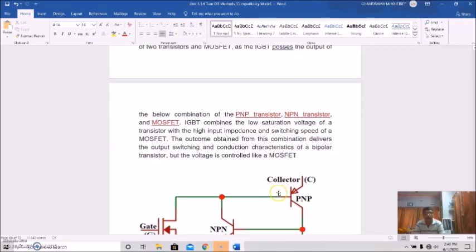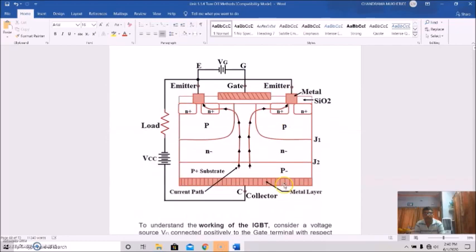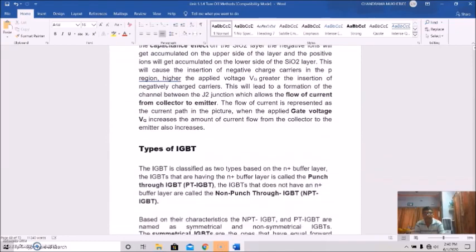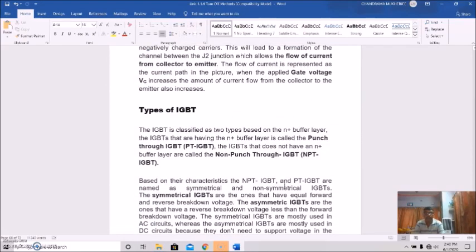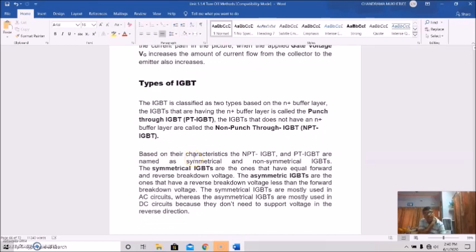Now, what are the types of IGBT? IGBTs may be classified into two types based on the N plus buffer layer. The IGBT having the N plus buffer layer is called the punch through IGBT or PT IGBT. The IGBT that does not have any N plus buffer layer is called the non-punch through IGBT or NPT IGBT.